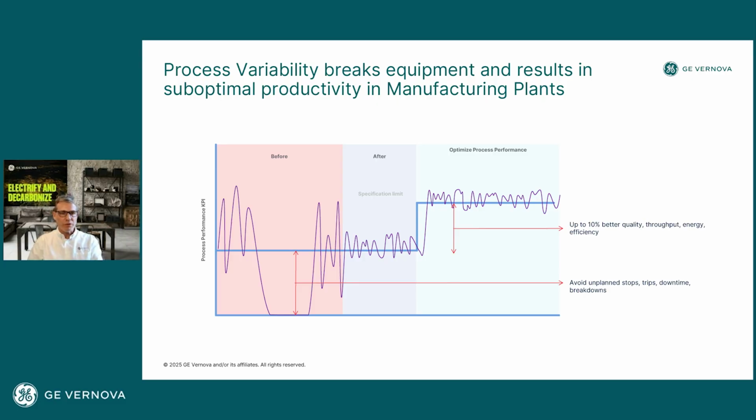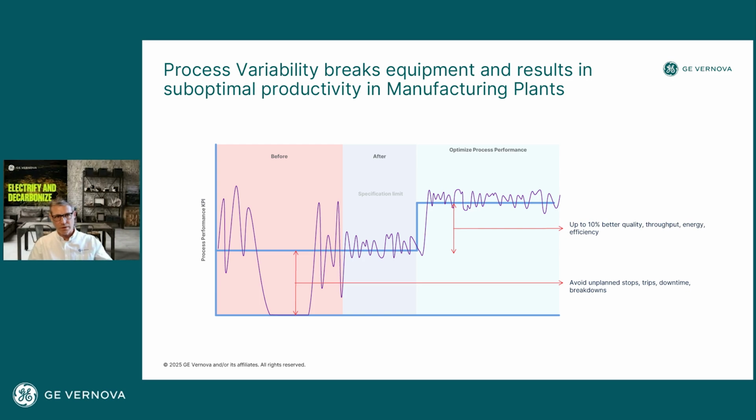So what we are hearing from our customers is that all industrial manufacturers and industrial customers have a challenge with performance and process variability. How do I operate my process or my plant or my asset consistently optimal? And process variability is really the enemy of productivity and of optimal operations. And it can come from many places. It can come from aging equipment.